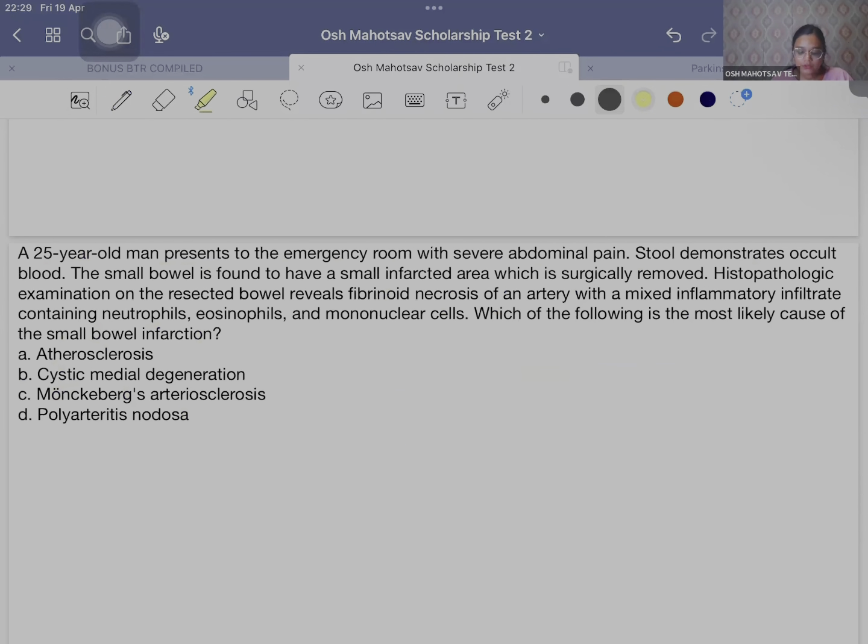Next is a 25-year-old patient in the emergency room with severe abdominal pain, stool demonstrating occult blood. A small infarct area was surgically removed, and histopathologically the resected specimen reveals fibrinoid necrosis of an artery. So in the last class, when we were discussing, whenever we have fibrinoid necrosis, we can see it in rheumatoid heart disease and malignant hypertension, all of these conditions.